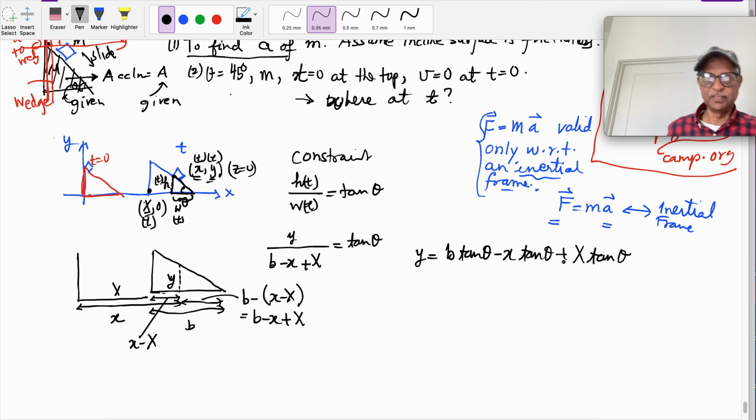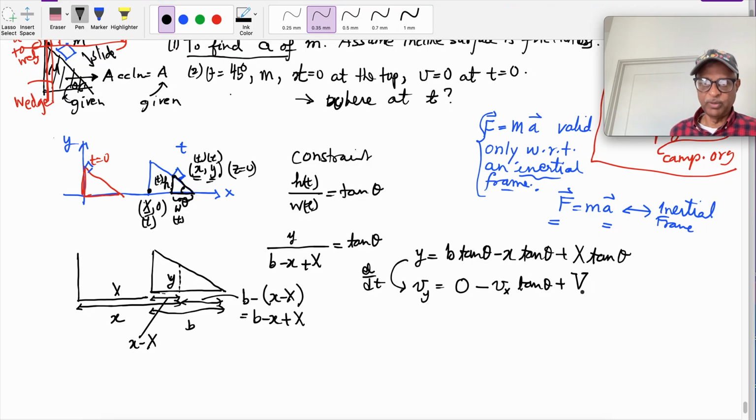We did this in the last video. So if I take a one-time derivative, I'm going to have Vy; this will be 0; minus Vx tangent theta plus capital V, this for the wedge, times tangent theta.